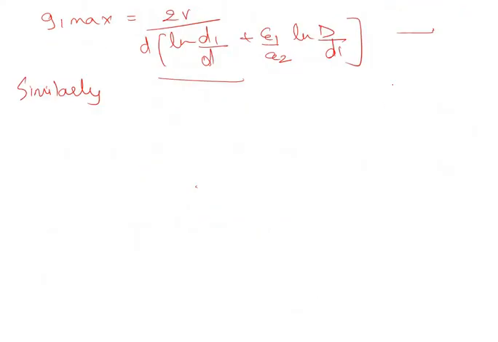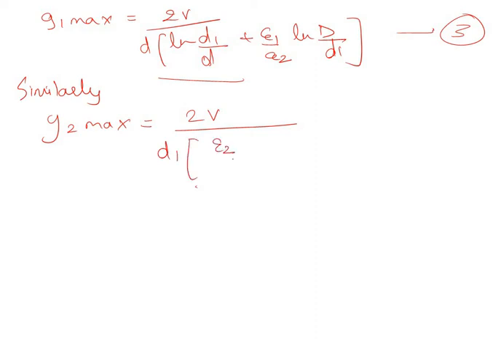Okay, this is important. Similarly, in that way only, if we calculate G2 max, we will get the value as 2V upon d1 into epsilon 2 upon epsilon 1 ln of d1 by d plus ln of capital D by d1.